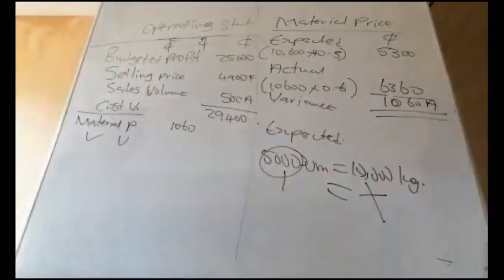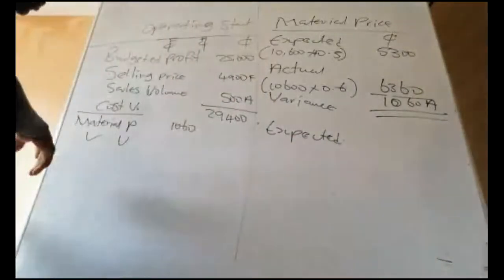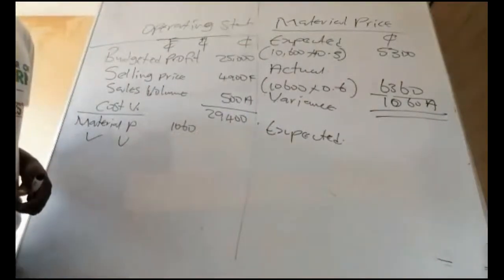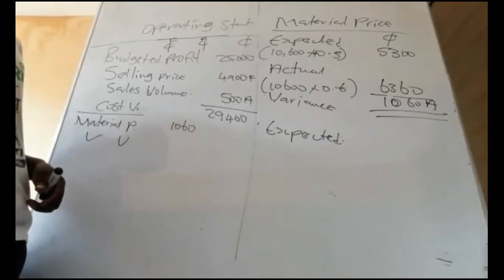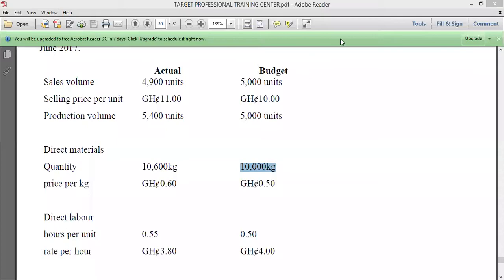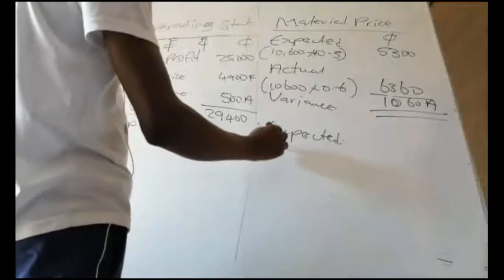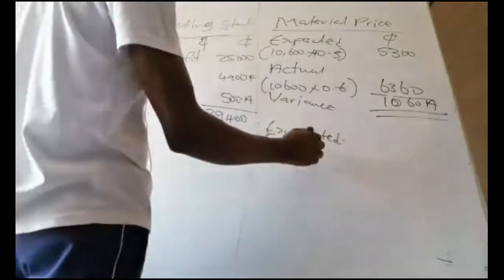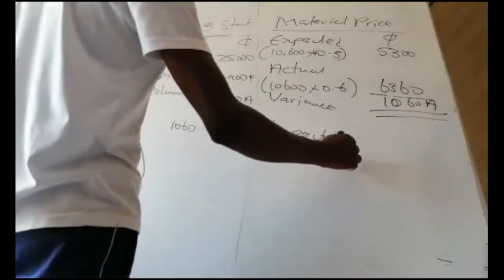Perfect. So now that we know the standard rate per unit is 2, what's the actual production unit? We pick the actual production unit. The actual production unit, good, is 5,400. So with 5,400 being the actual units, each one we should have used 2 kg.